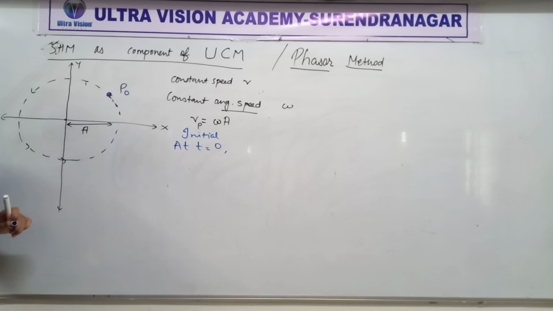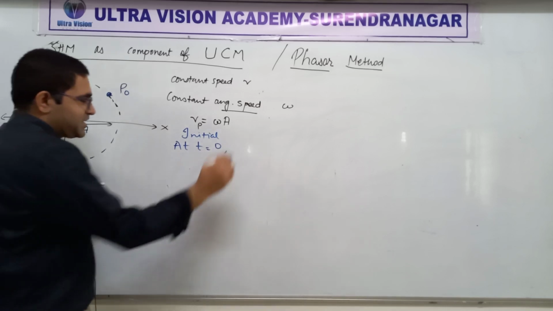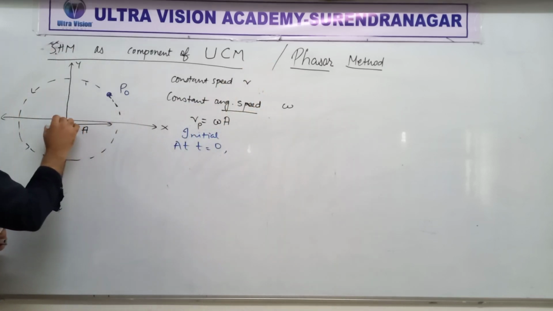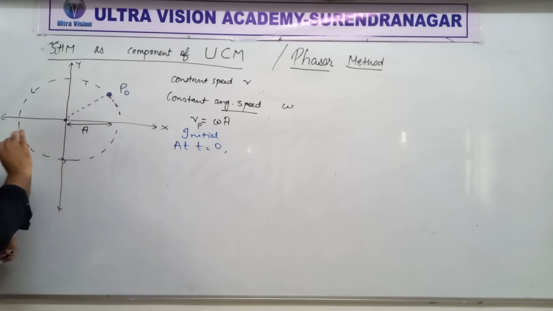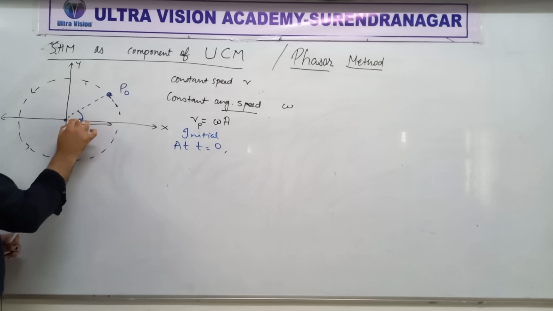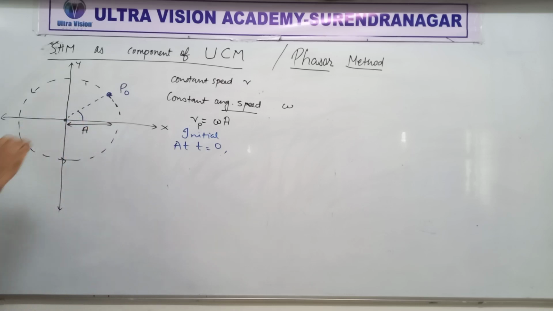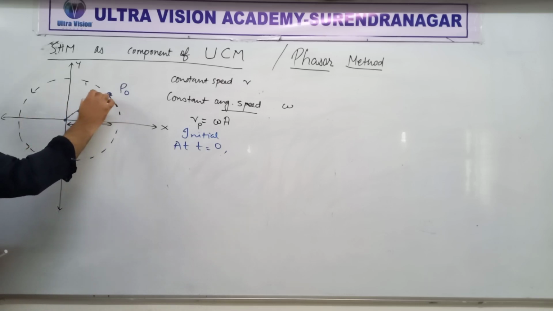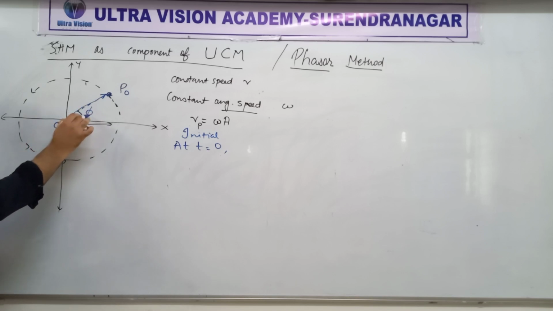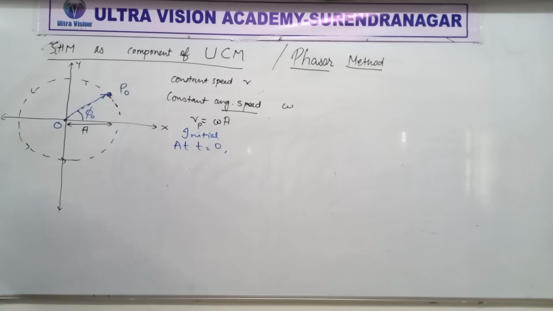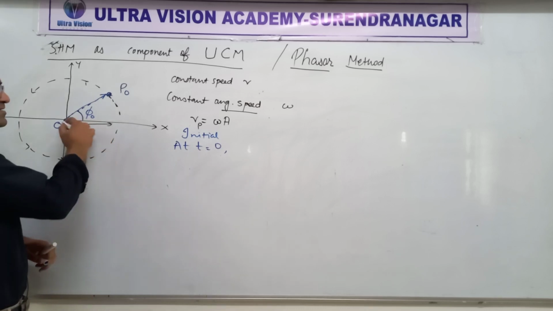So do you realize that with the x-axis, it's going to make some angle here. Correct? The position vector of this particle from the origin will make some angle. Let's say that angle is phi 0.